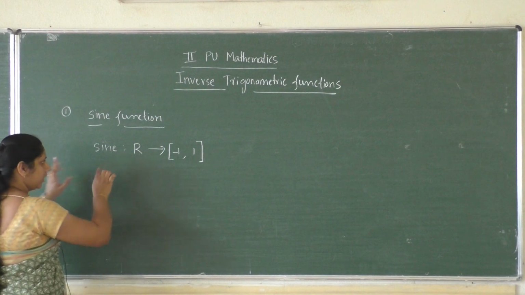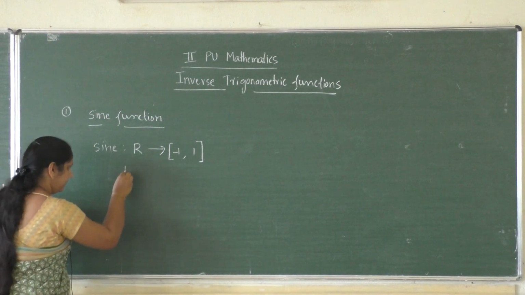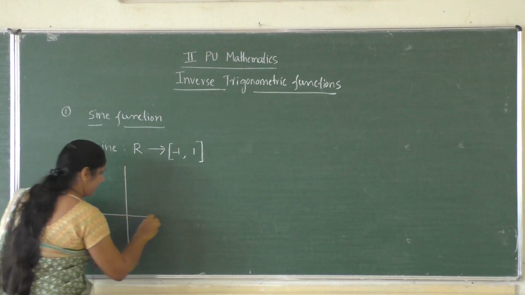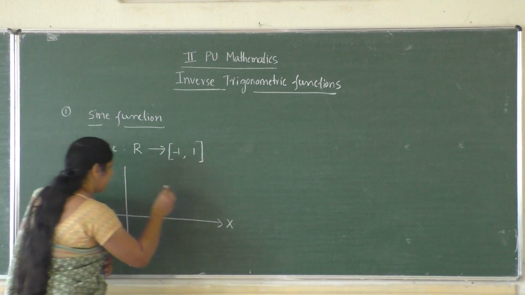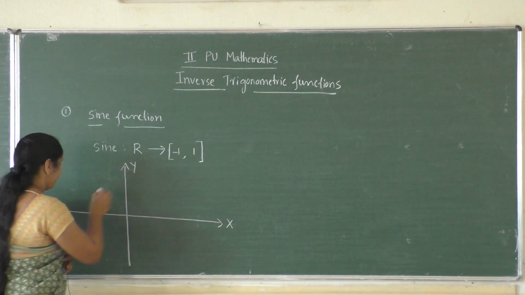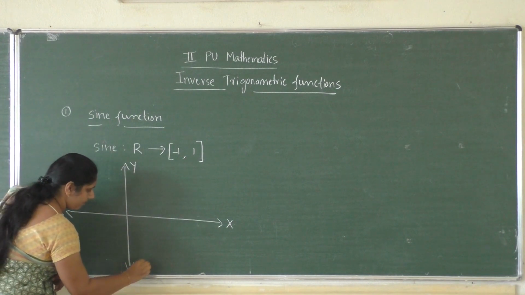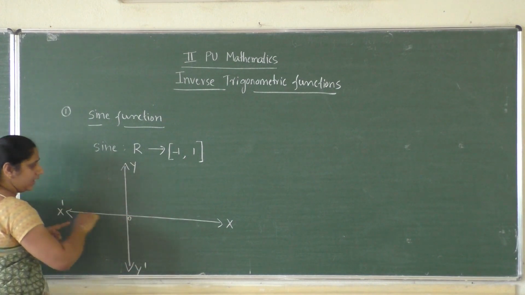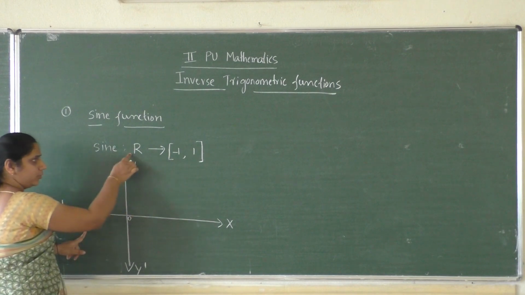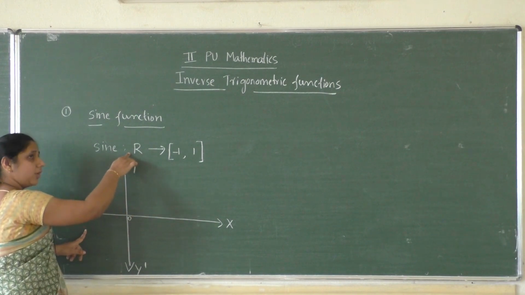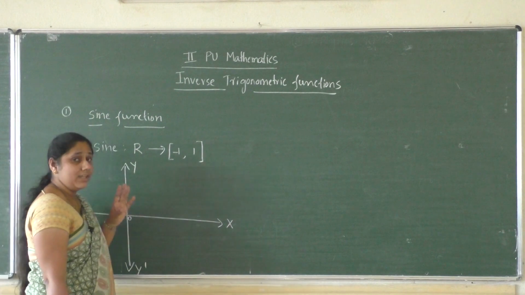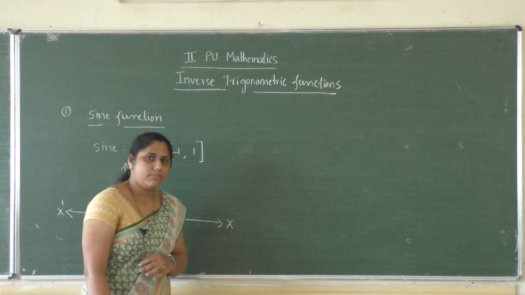Now we will draw the graph of the sine function. Along the x-axis we have to take real values, but already in first year we studied that radians and real numbers are one and the same.